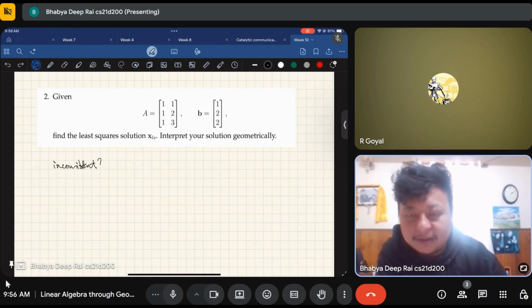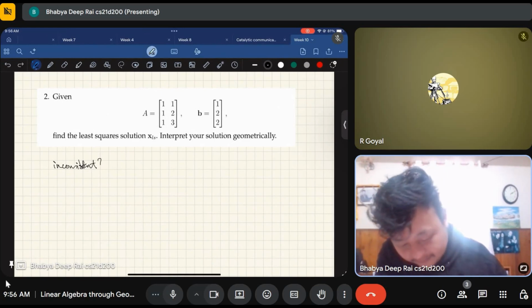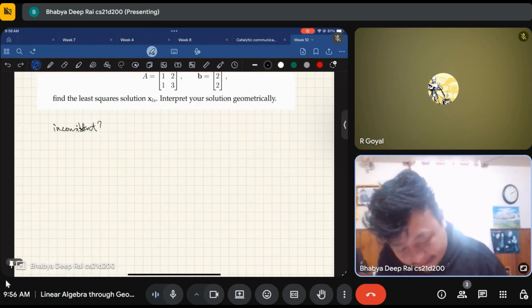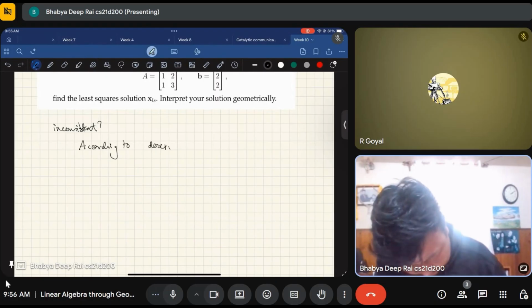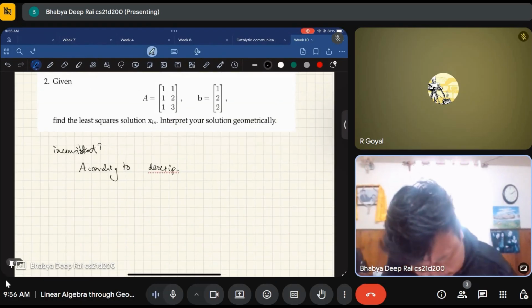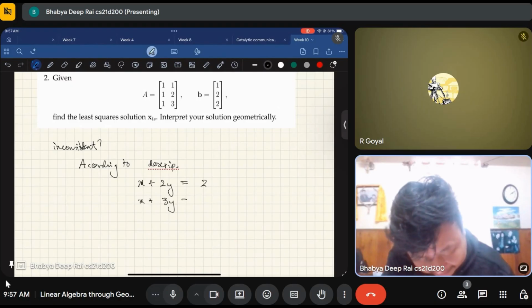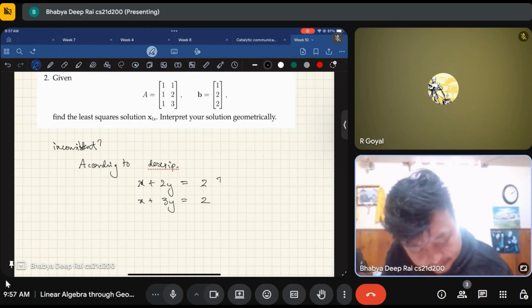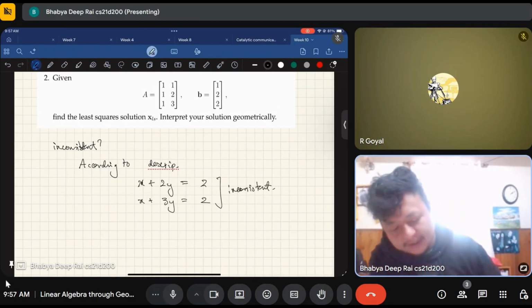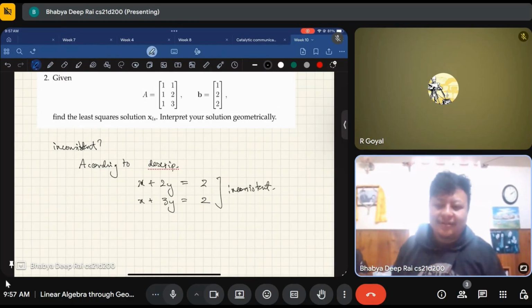Just for the sake of notes, I'll write that according to description, x plus 2y is equal to 2 and x plus 3y equals 2, which is inconsistent. Okay, so now it makes sense to find least squares.